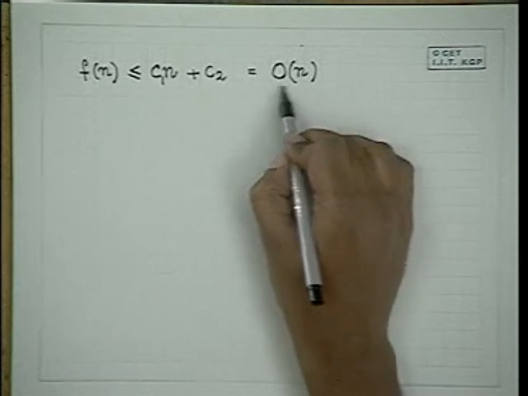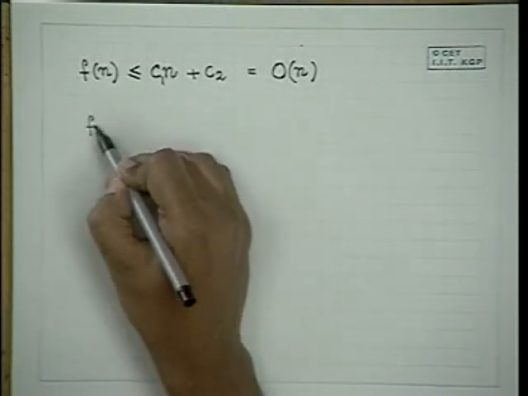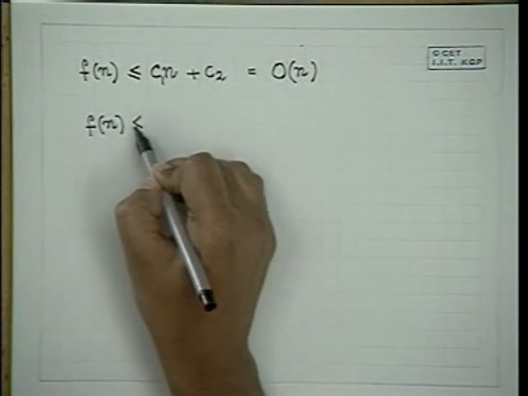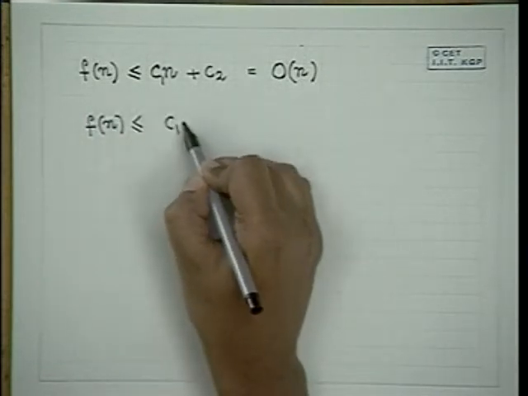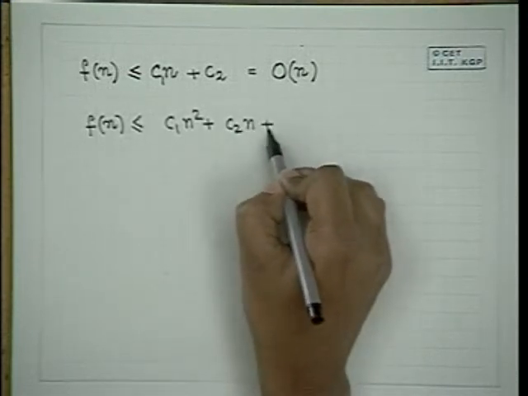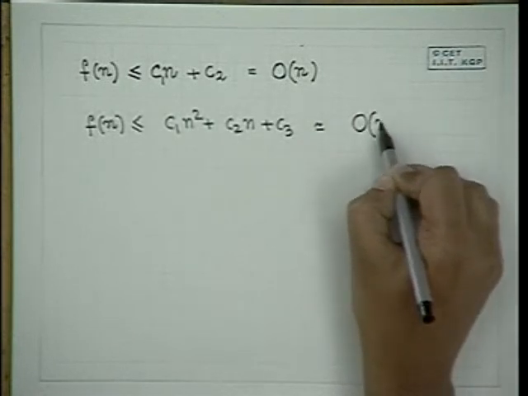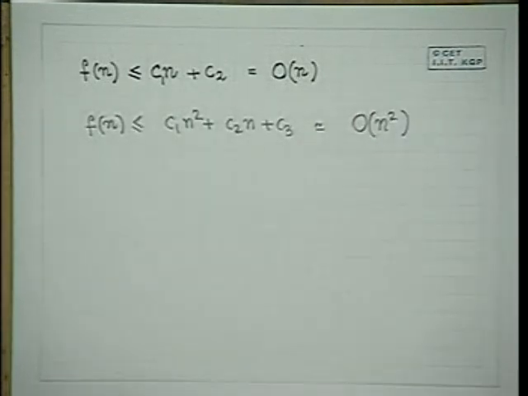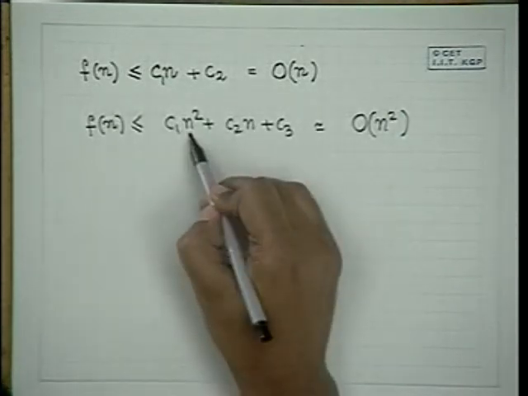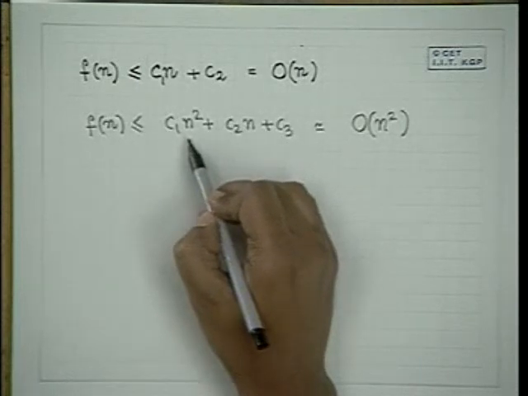I am trying to informally introduce this concept. If f(n) is less than or equal to a quadratic, then it is said to be order n squared, because this is the term which is going to dictate its complexity when n tends to large.